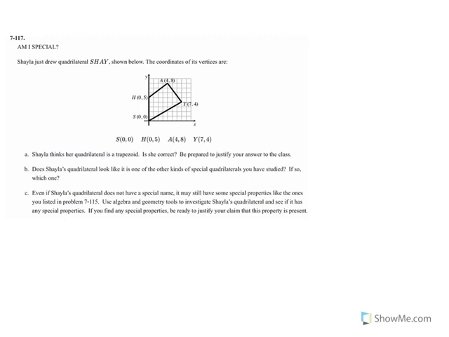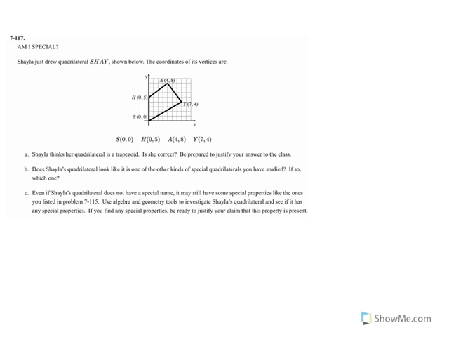Okay, now this is the last problem we're going to do for this video. That last one was a lot longer than this one. I'm going to have you guys do some of the parts to this one because you know how to do them now. It's just going to be finding the length of segments and finding the slope of segments, which you knew before, but this is a good review for you guys. So it says, Shayla drew the quadrilateral SHAY shown below.